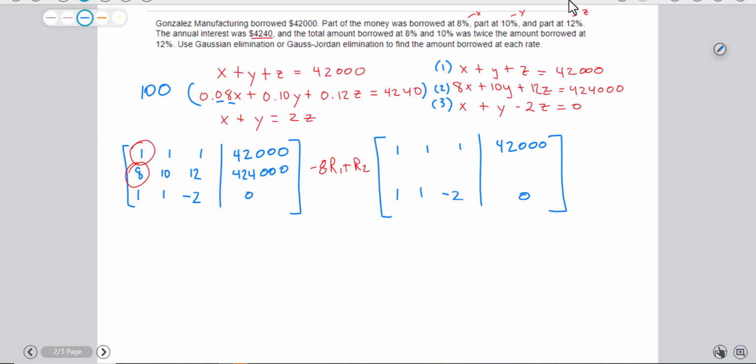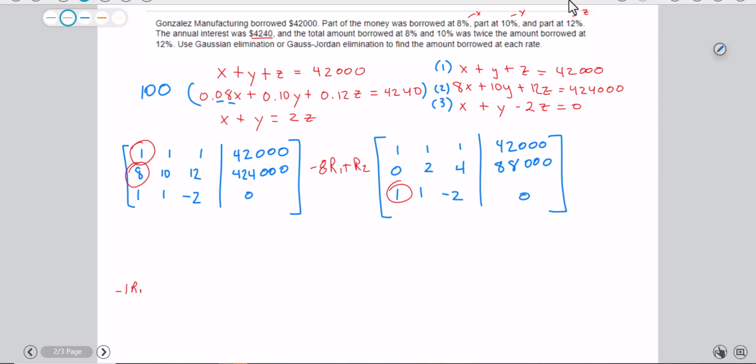So negative 8 times 1, negative 8 plus 8, that gives me 0. Negative 8 plus 10 gives me 2. Negative 8 plus 12 gives me 4. And then negative 8 times this business plus this business, you'll just have to trust me with a calculator. I got 88,000.